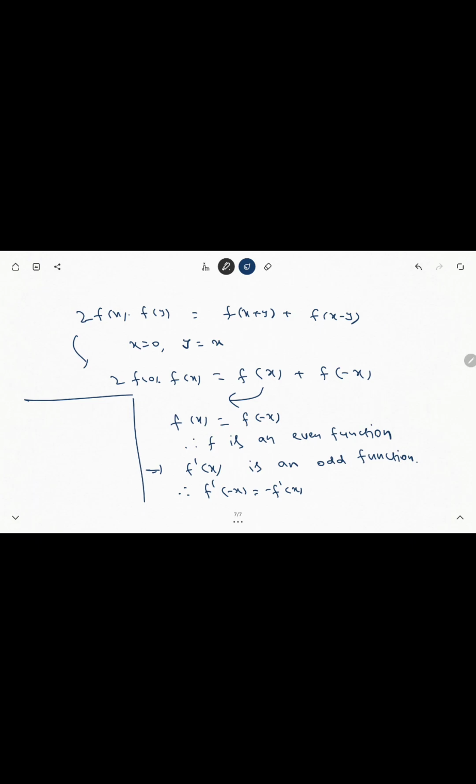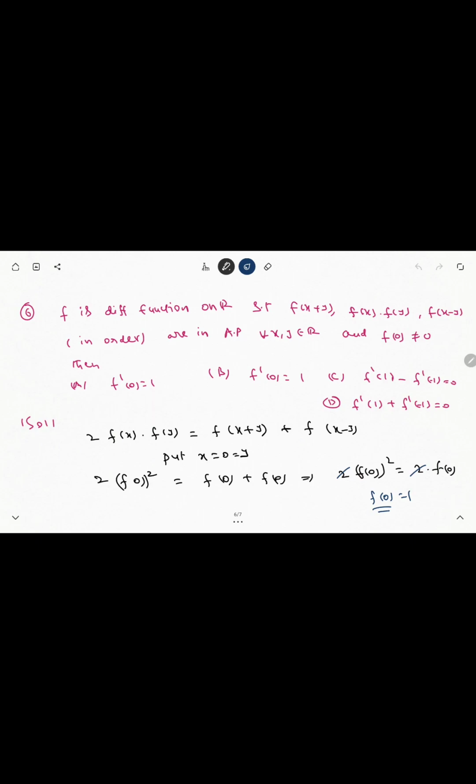Substitute x is equal to 1 according to the options. So f dash of minus 1 is equal to minus f dash 1. We are getting f dash 1 plus f dash minus 1 equal to 0. So what is the correct option? Option D correct.